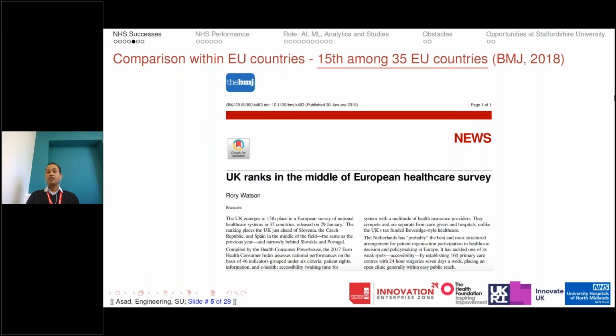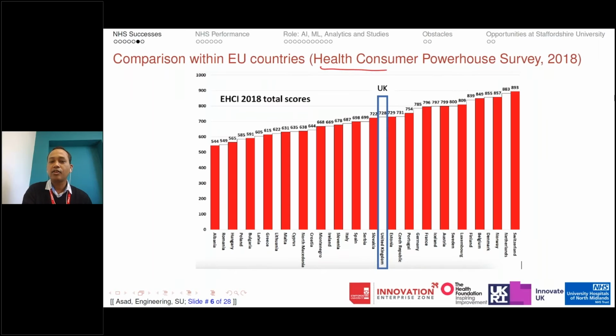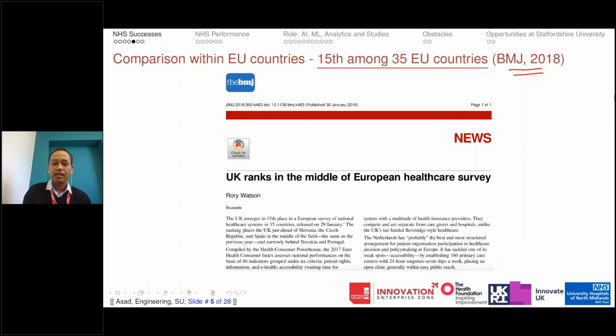Well, the study is not very good. So this paper published in 2018 based on Health Consumer Powerhouse Survey 2017. So what you can see from here is UK emerges in the 15th place among the 35 European countries. Not very good.